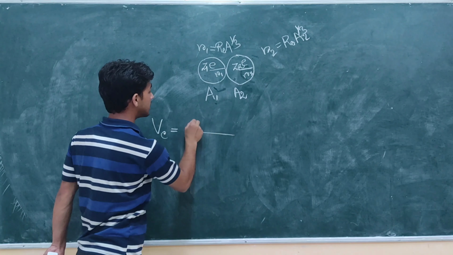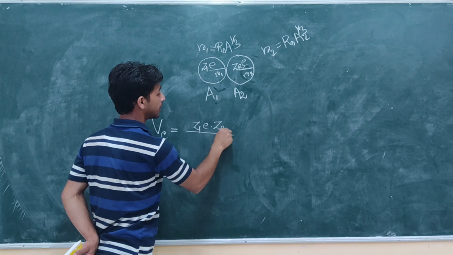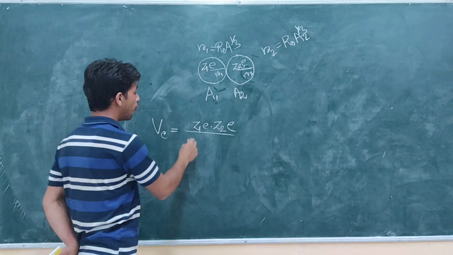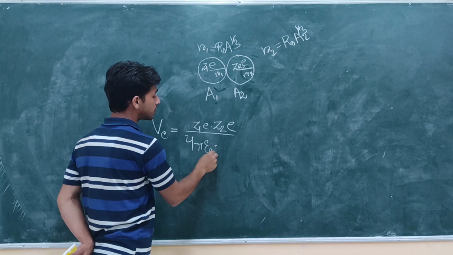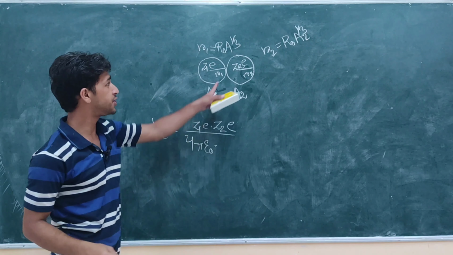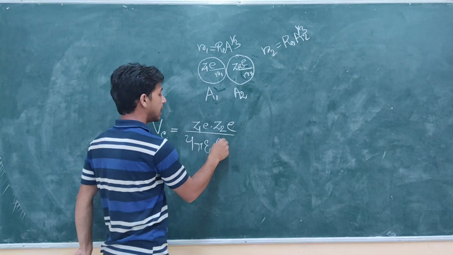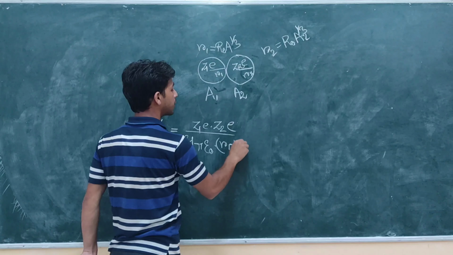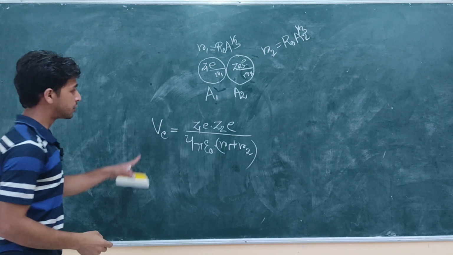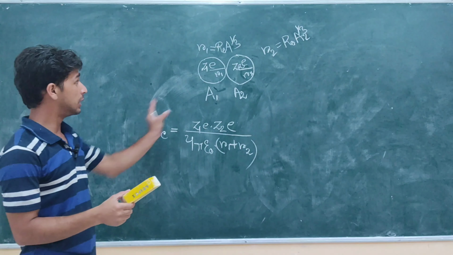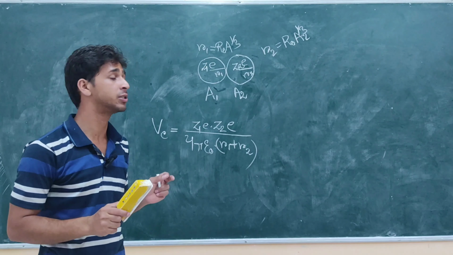So Vc equals Z1e times Z2e divided by 4 pi epsilon naught times the distance between the centers of these two nuclei, which is R1 plus R2. So this is the Coulomb potential these two nuclei will feel during the fusion process.